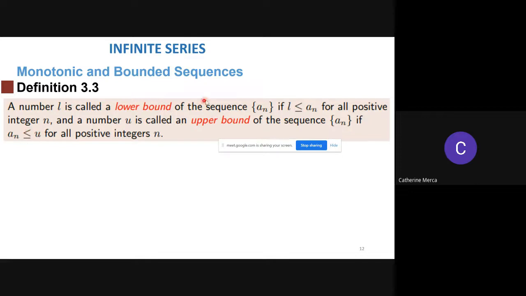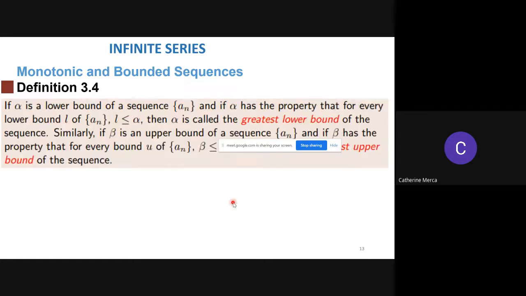So, if your sequence is, for example, increasing, then your upper bound is over on the right side. But if it is decreasing, your upper values are on the left, right? Okay. So, you have to be very careful to analyze the problem as to where your upper bound or your lower bound should be.